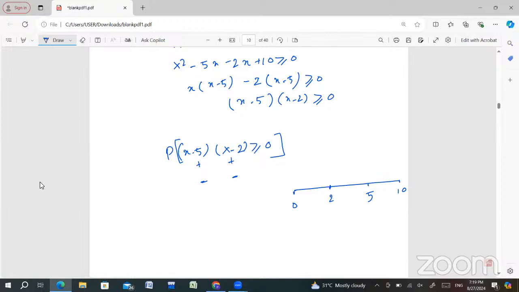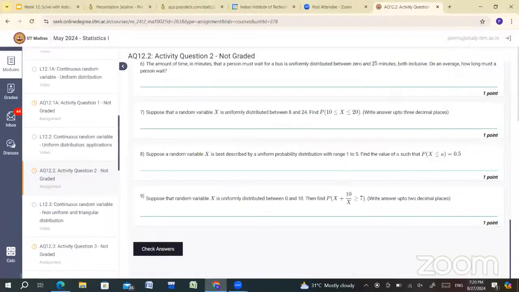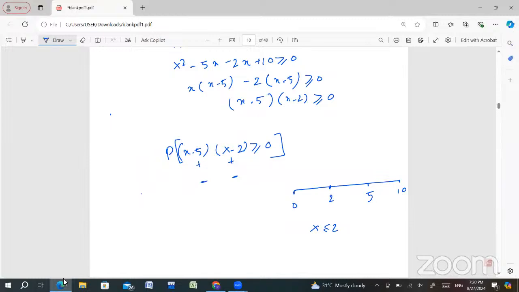If x is less than or equal to 2, both the terms will be negative, so the product will come out positive. The product will be positive if both the terms are negative.